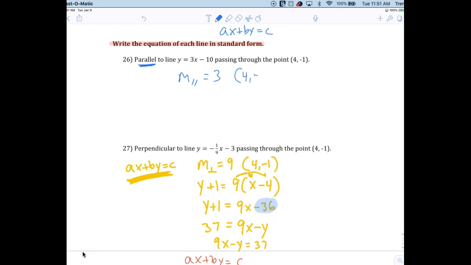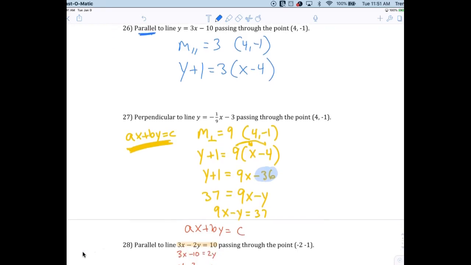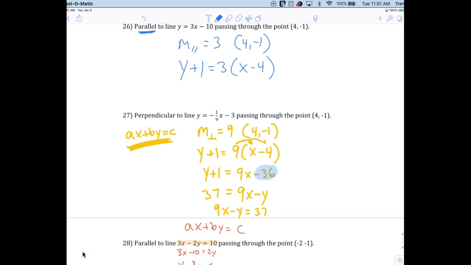Passing through the point. So now what? Okay, now what? Good. Yep.